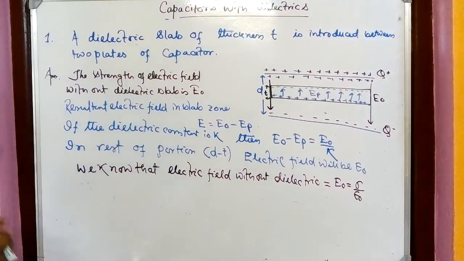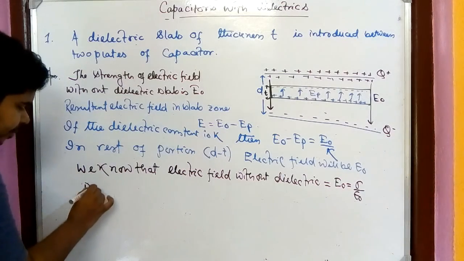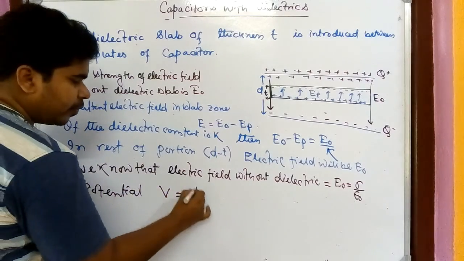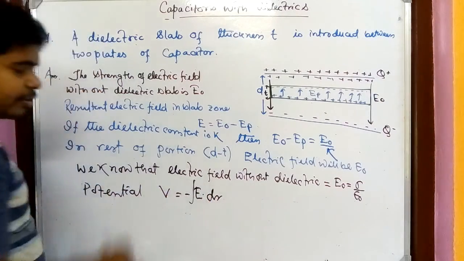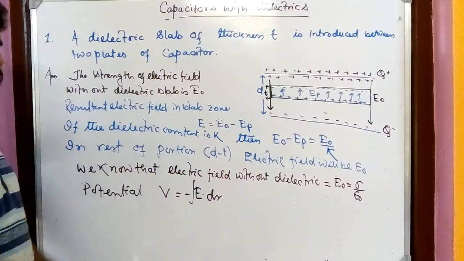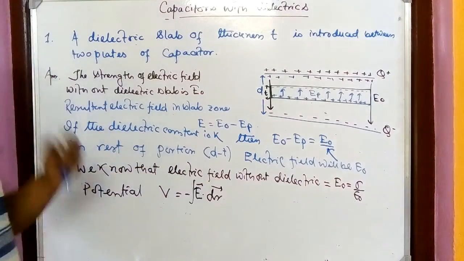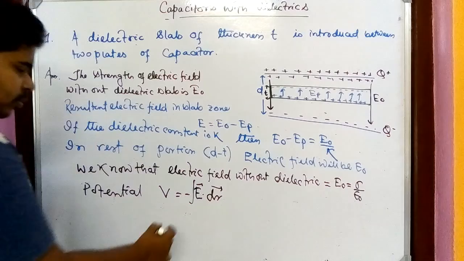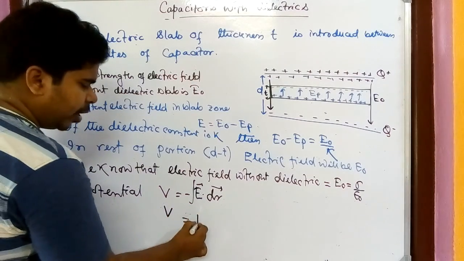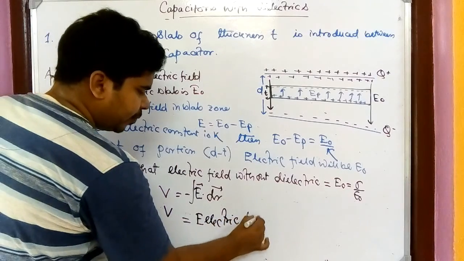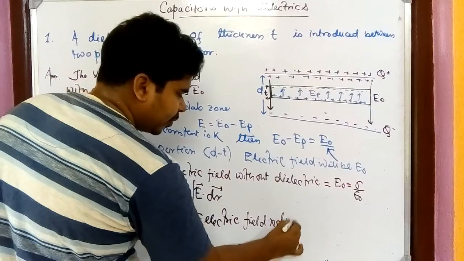And now we know that potential V equals minus the integral of E dot dr, that is a relation we know. But here we don't want to find the potential by this method, because it is a little longer, and whatever answer comes, we already know it. So V equals the electric field into the distance.